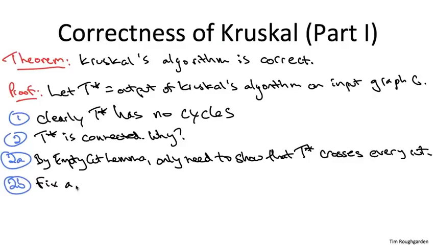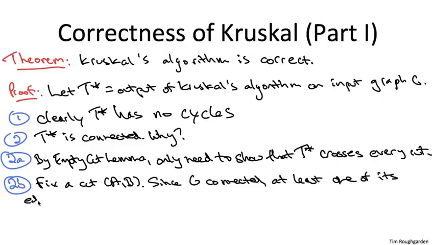To get started, let's fix an arbitrary cut A comma B. Using the assumption that the input graph is connected, it certainly contains at least one edge that crosses this cut. The question is whether or not T star contains a crossing edge, but certainly the original graph G contains a crossing edge. So here's the key point of the argument.